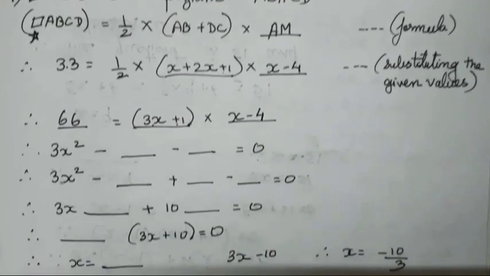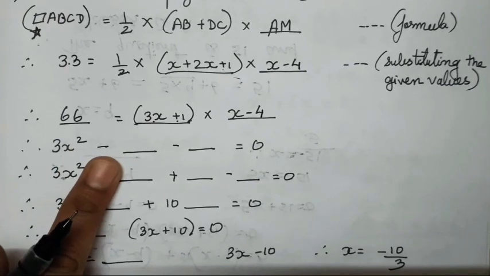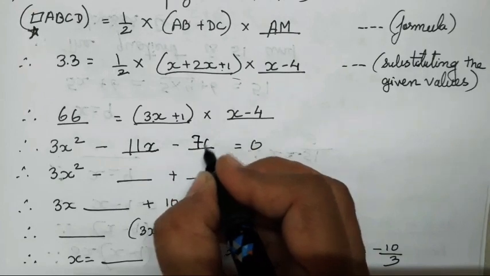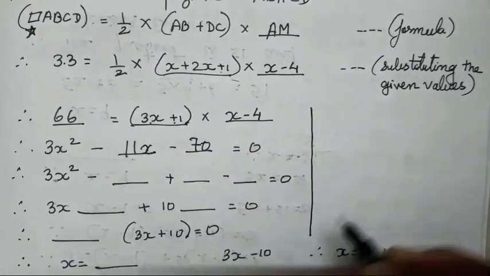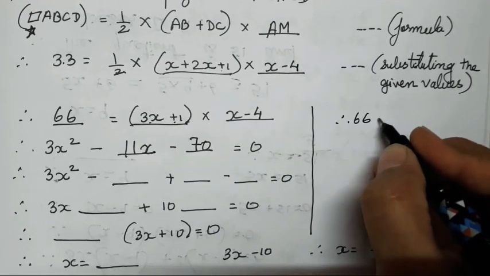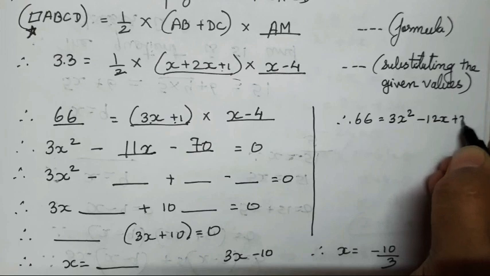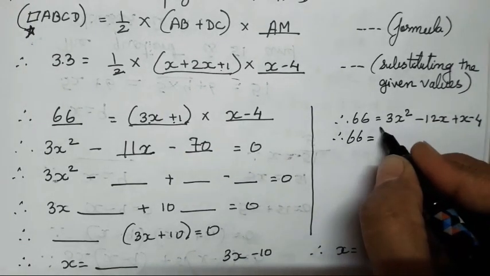Now what they have done over here, 3x square minus 11x minus 70 is equal to 0. Now this step I will be explaining over here. Because it is in the form of fill in the blank, there was no space to write it. I will explain it over here. It is very easy and simple.